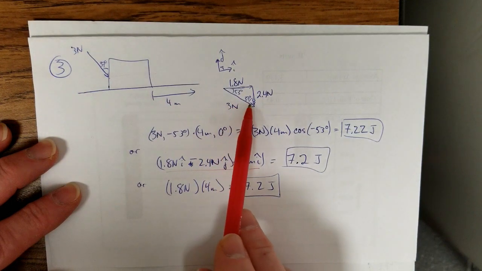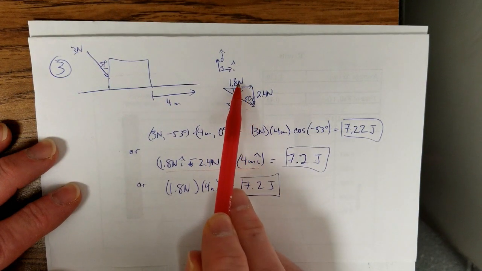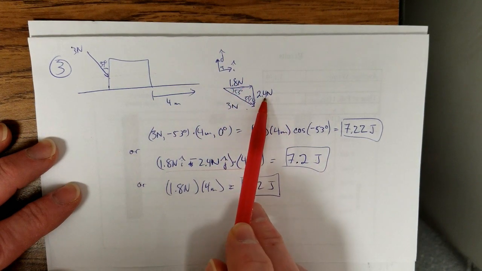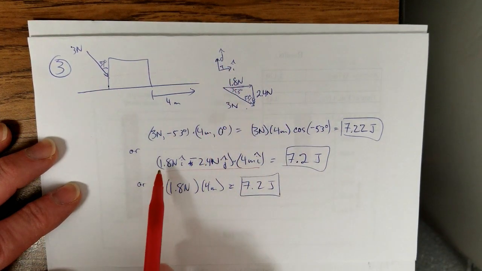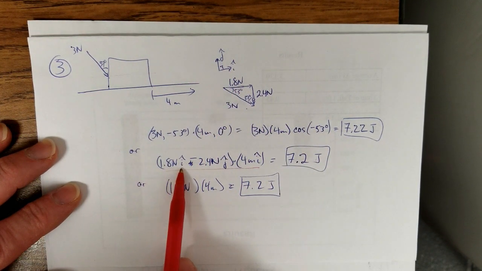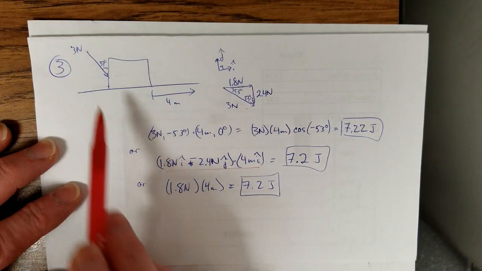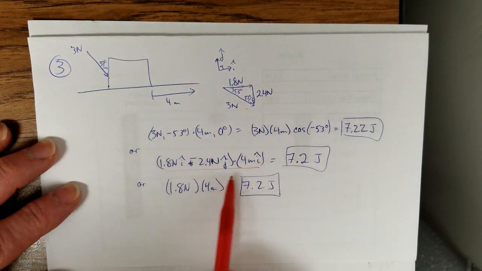So when I break it up, that's the 37 degree angle down here. So this would be the hypotenuse times the sine of 37 degrees, hypotenuse times the cosine of 37 degrees. And so if I establish i hat and j hat like that, it's 1.8 newtons i hat minus 2.4 newtons j hat because it is downwards.